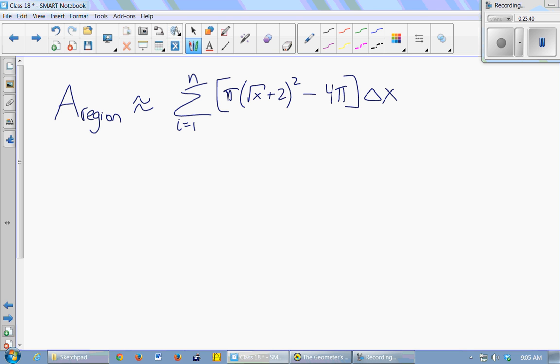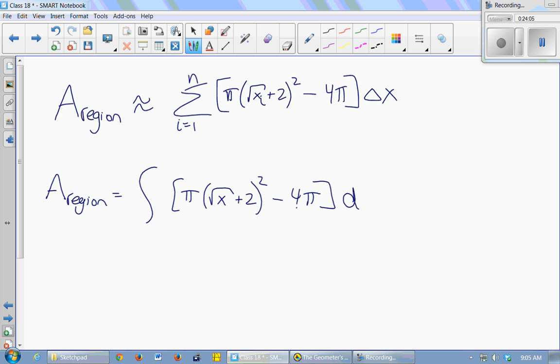I should have called this an x sub i, I guess. And then I'd let n go to infinity. Take the limit as n goes to infinity, and it becomes an integral. The delta x becomes a dx.